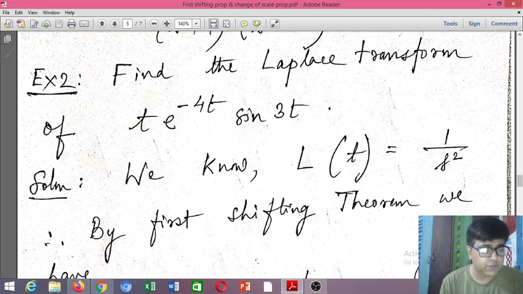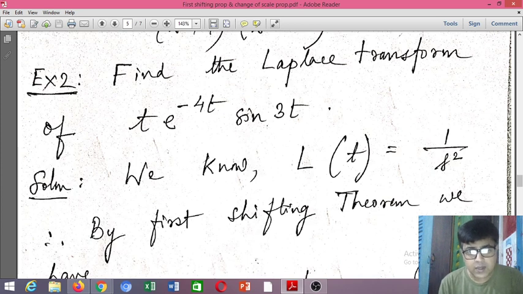To apply the first shifting theorem, the rest of the function, leaving out the exponential part, that is t sine 3t, its Laplace transform must be known to you. Yes, you are right, you have to apply the first shifting theorem, but before that you need to find out what is L of t sine 3t. Unless you find that, you will not be able to get the answer to this question by the first shifting theorem.